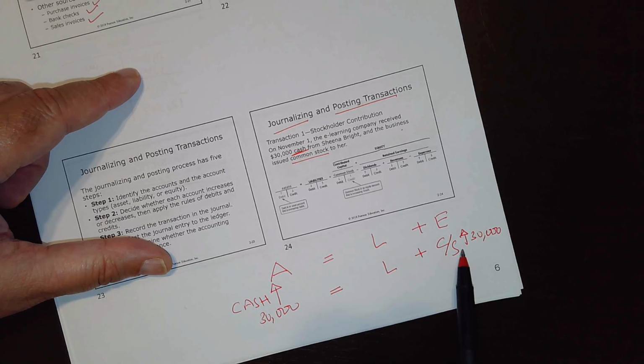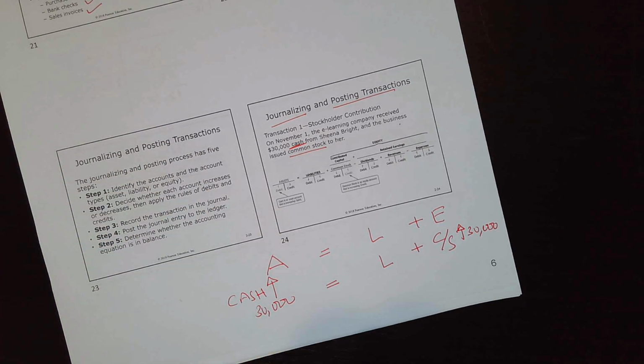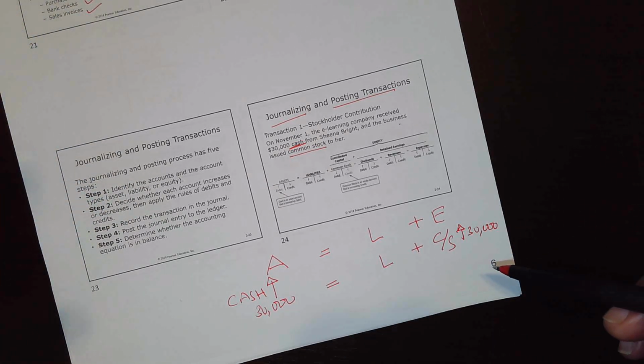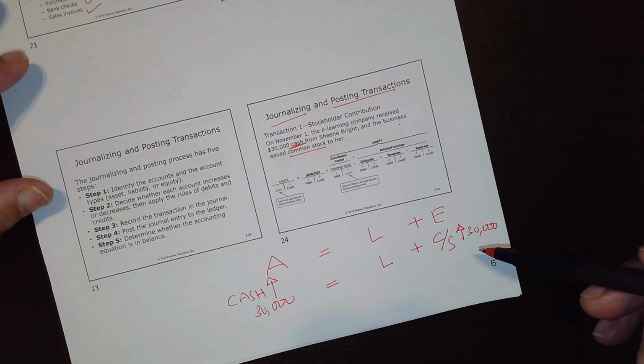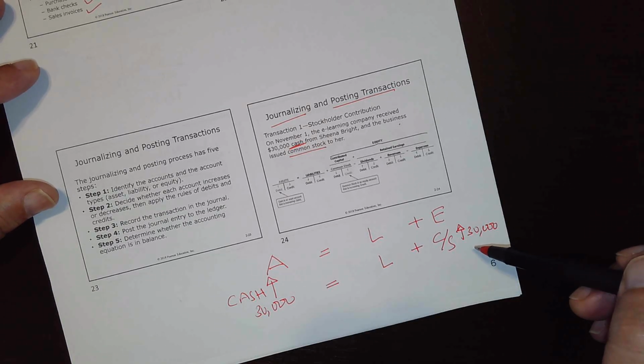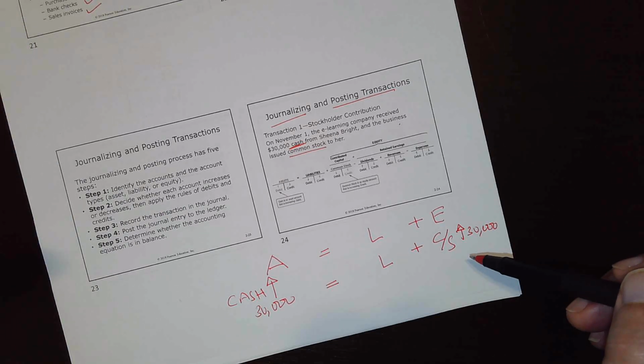So the business now has $30,000 of shares outstanding. The shares are not in the hand of the business. The shares are in the hand of Sheena Bride, but we need to acknowledge that the $30,000 common stock that Sheena Bride holds is the responsibility of the company, and also those $30,000 show the ownership of Sheena Bride in this company. Okay.